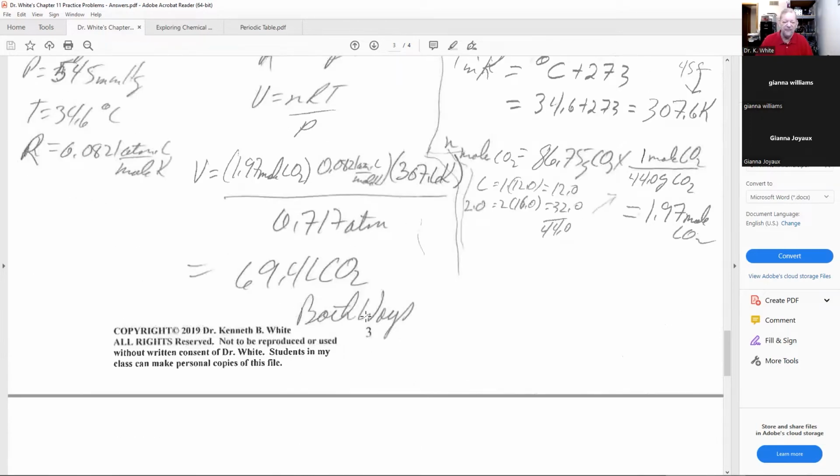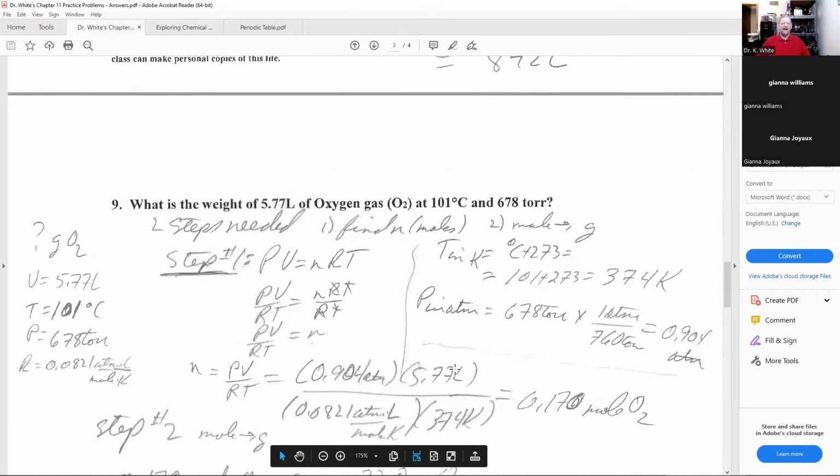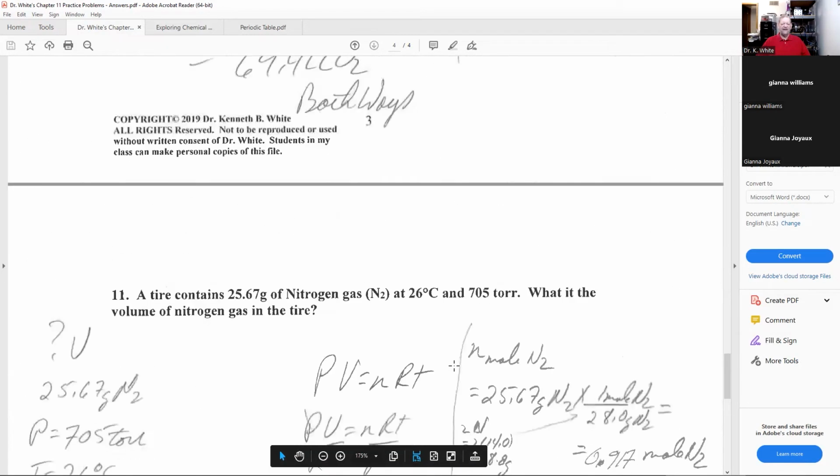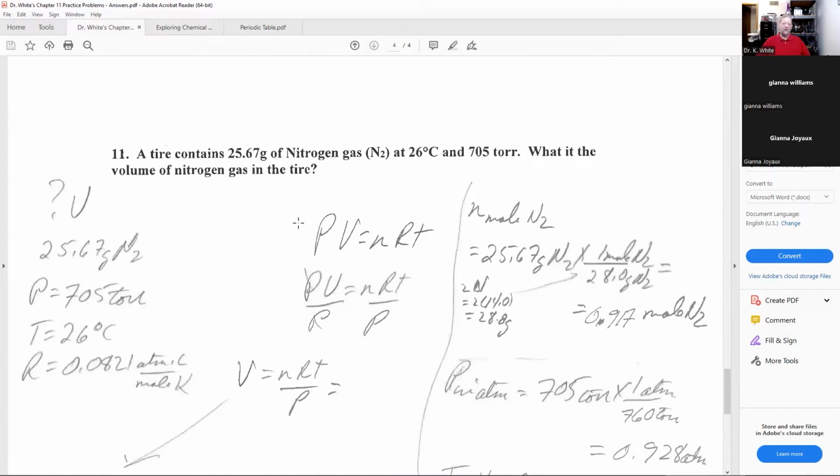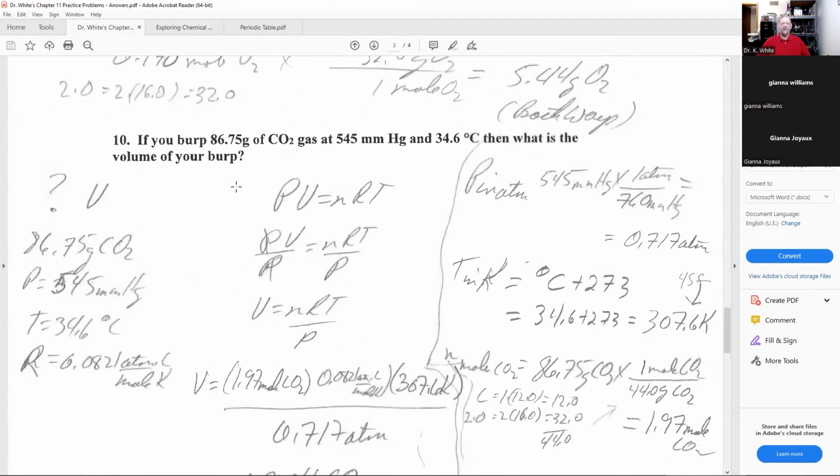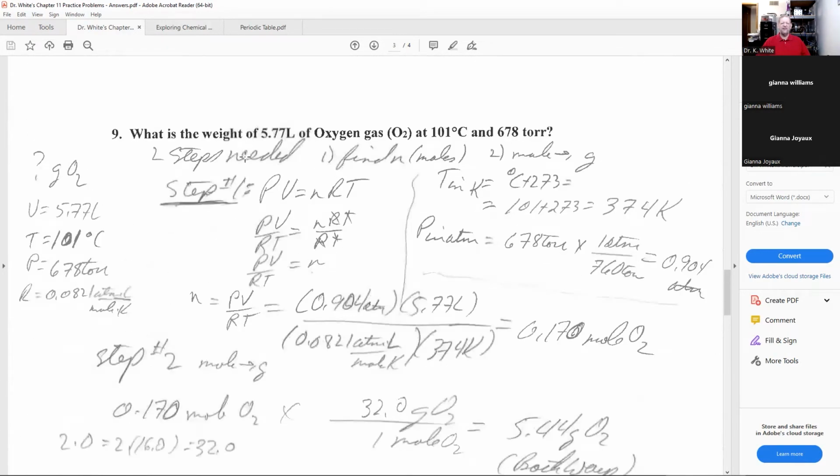But anyways, I calculated both ways, and not always are they the same. In this case, they are. Now, I'd highly recommend you go and look at, and I already did one like this in class, problem number 11. For quiz 3, skip number 9 for now.